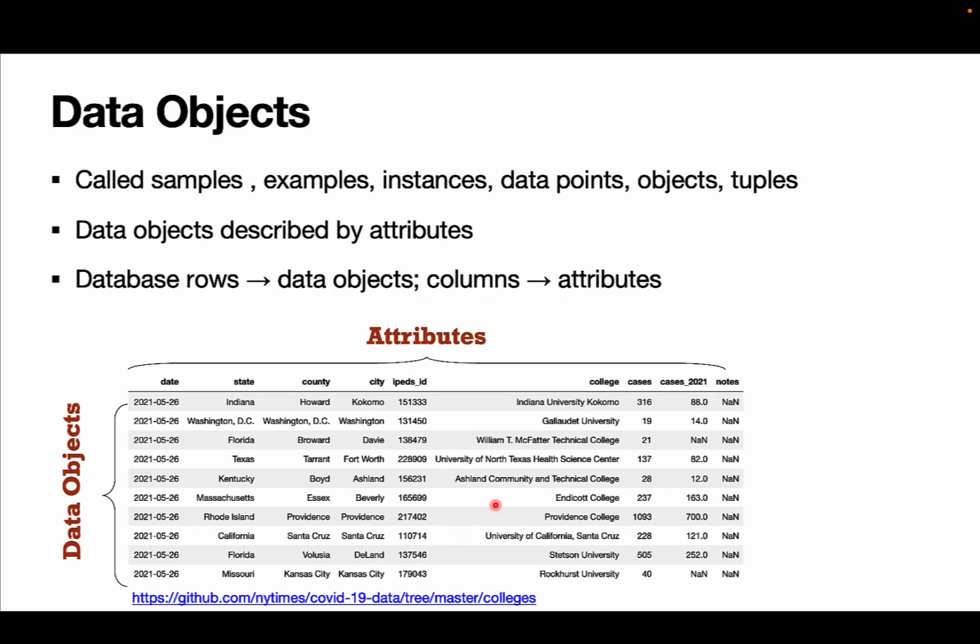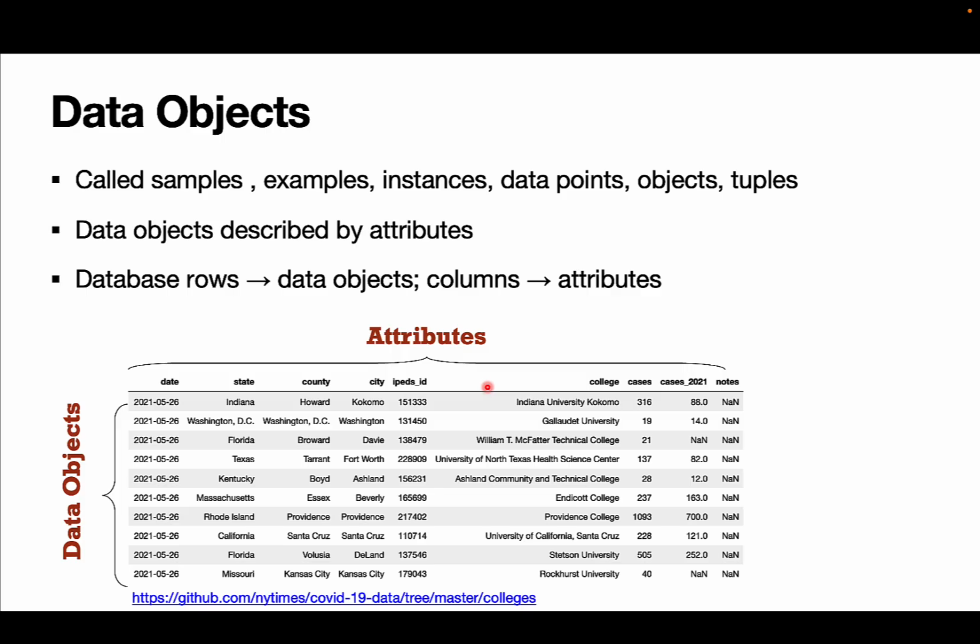The illustration is a snapshot from the New York Times COVID-19 colleges data. The data objects are sometimes called samples, examples, instances, data points, tuples. Most likely in the data mining and machine learning communities, they refer to data objects as examples.